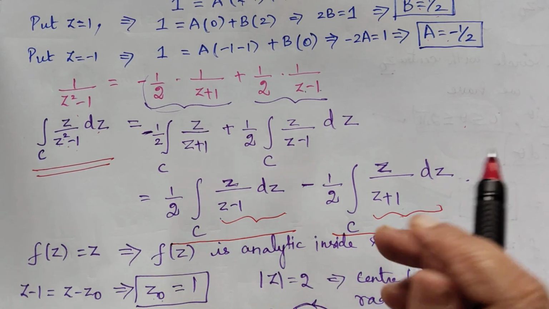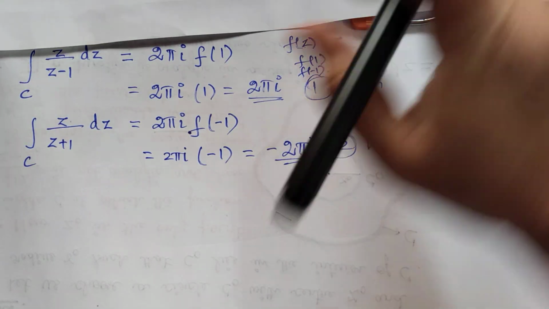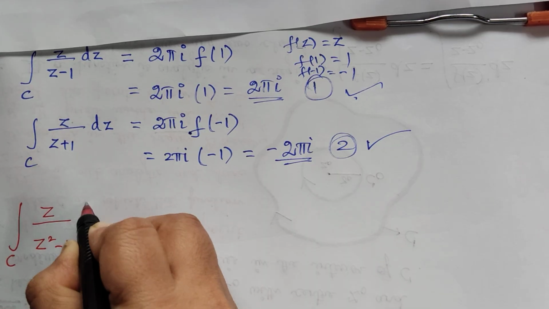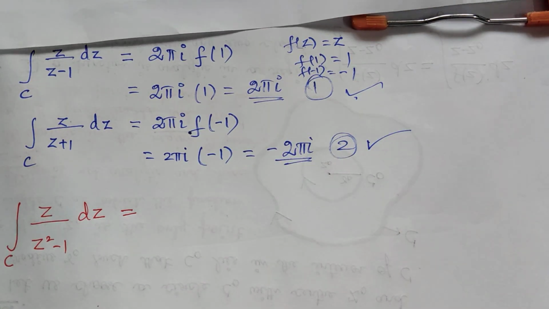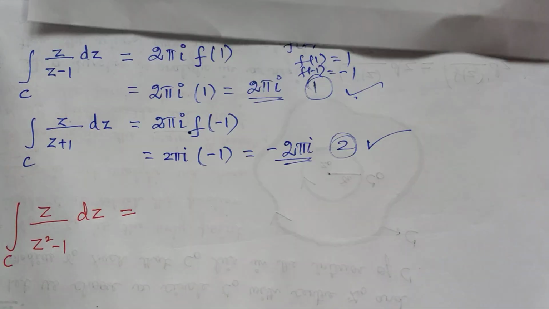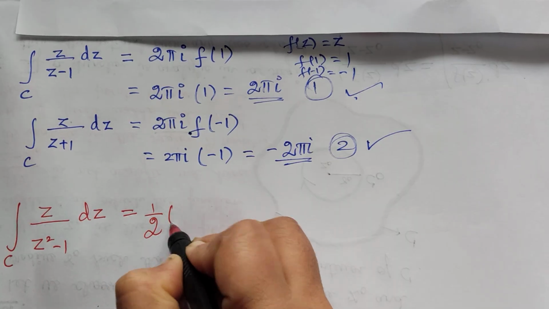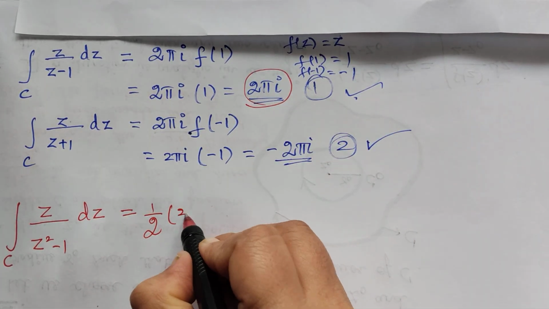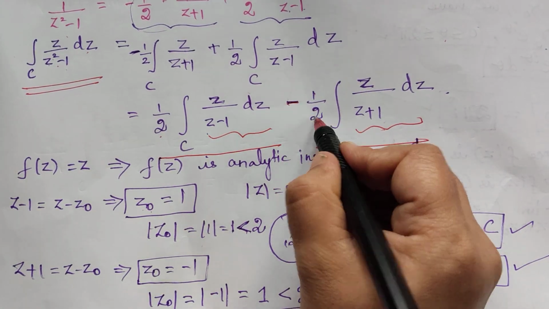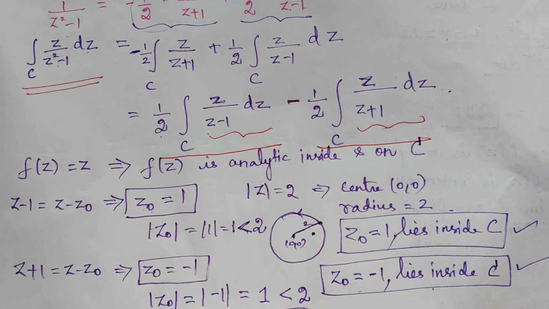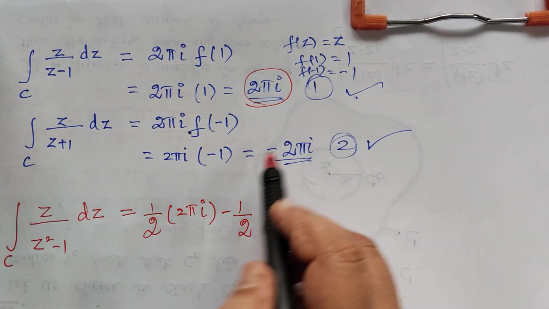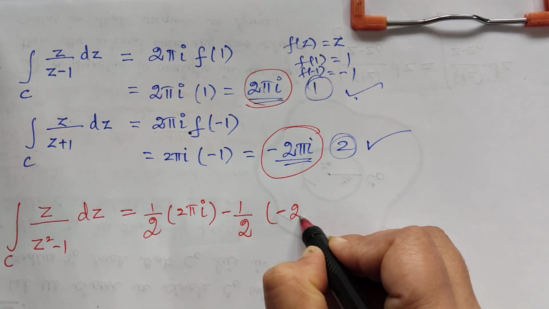So substituting, we get 1 by 2 multiplied with the first integral, which is 2 pi i, and then minus 1 by 2 multiplied with the second integral, which we have obtained to be minus 2 pi i.